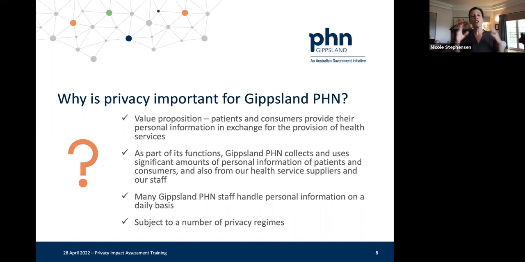So it's important to ensure that your guardrails are as broad as possible, so that you interpret as broadly and inclusively, I suppose, as possible, the rights of consumers and staff and others who are providing their personal information to the PHN. You interpret that broadly, and then you interpret your rights as an organization narrowly in terms of what happens to that personal information. And you'll see what I mean as I carry on in today's discussion.